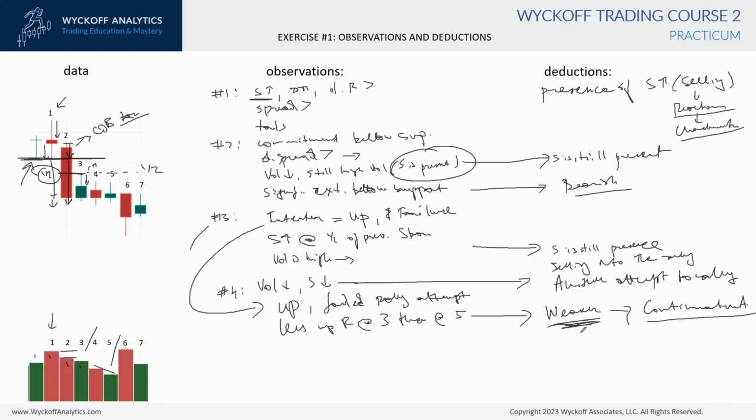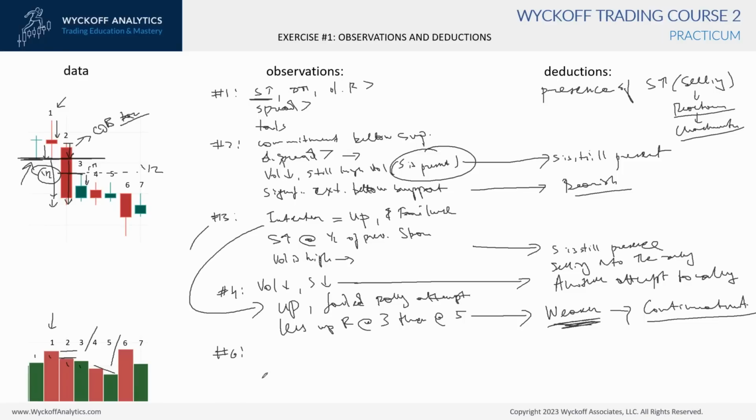Reversal usually will come with at least equal force or better. So therefore, with the weaker rally at 5 than at 3, our expectation is not for the reversal, but for the continuation. And continuation happens with bar number 6.